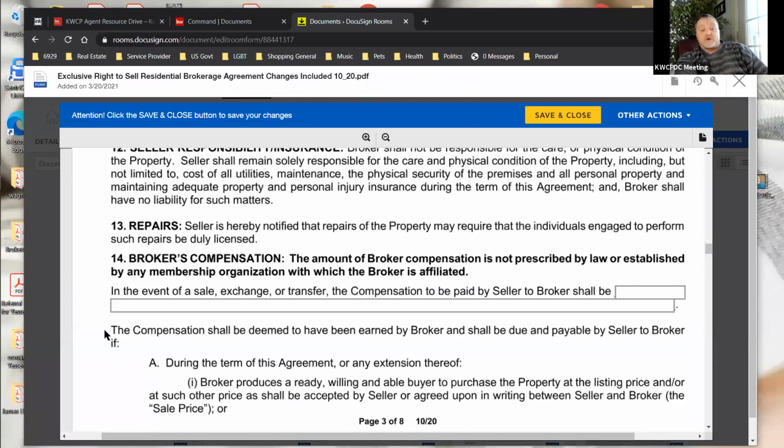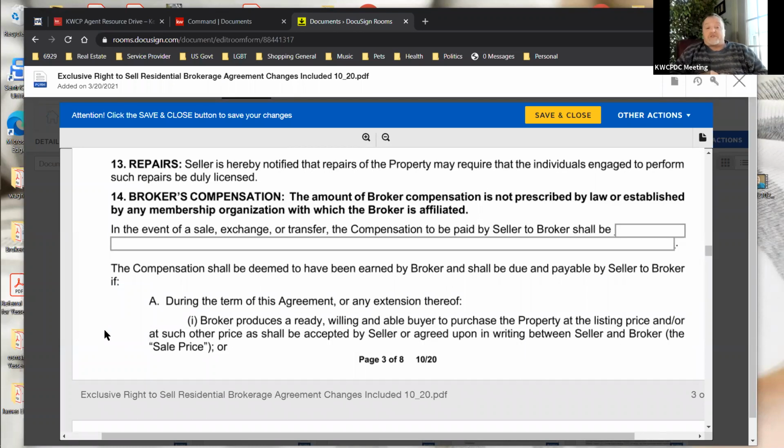So those are some conditions and terms where we have earned the commission and the compensation.